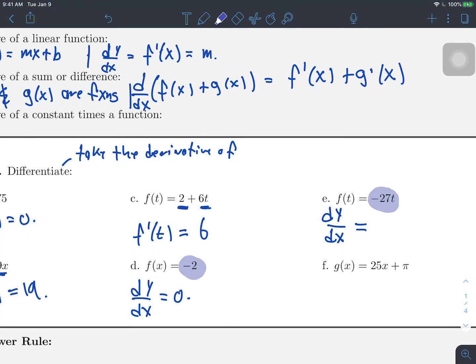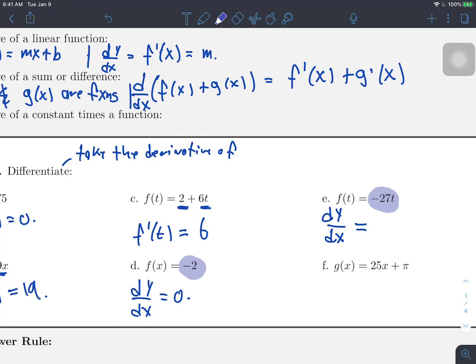Yeah, so I suppose we could think of D and E as both being kind of linear functions, right? D is a linear function, it's just a horizontal function, which is why if we were to take the derivative of that line, the slope of it would be 0, which is why when we have just a constant, it goes away.